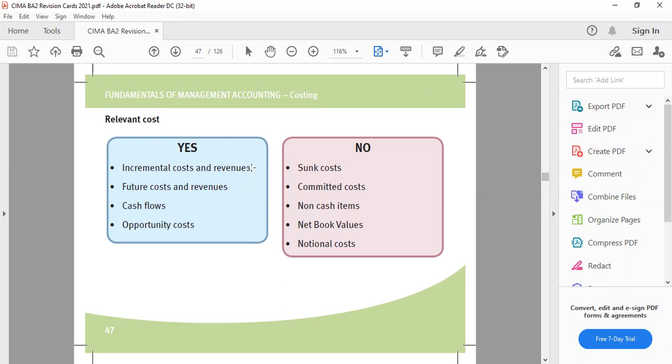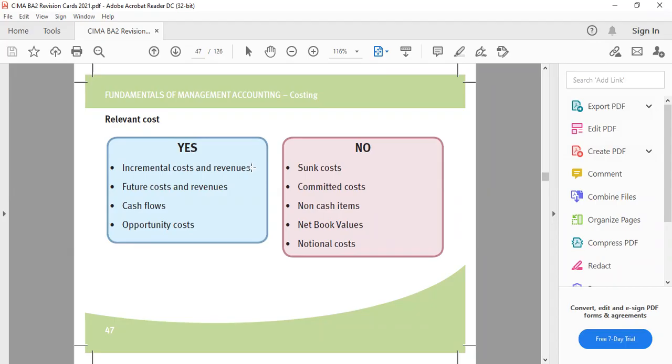Notional costs are not real costs, but they are shown in the books of accounts because they are according to the principles of accounting. Like rent paid to the owner. It's premises of the owner, but technically, do we see such a transaction happening, that the owner comes and collects an amount from the business? We do not see such things happening. But still, because they are allowed to be recorded as per the principles of accounting, that is, owner and business are two different entities.